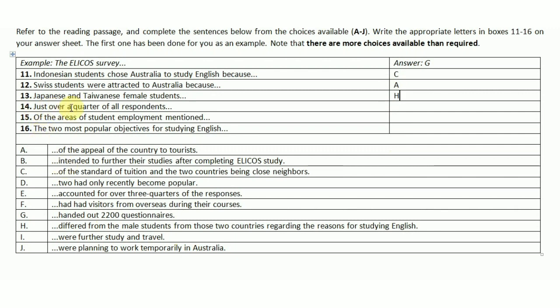Just over a quarter. A quarter is 25%, and over a quarter means somewhat more than 25%. So more than 25% of respondents what? We have to find out what they want to say about more than 25% of respondents.